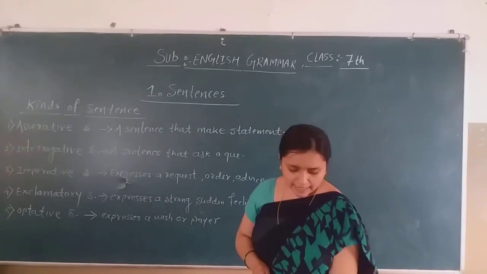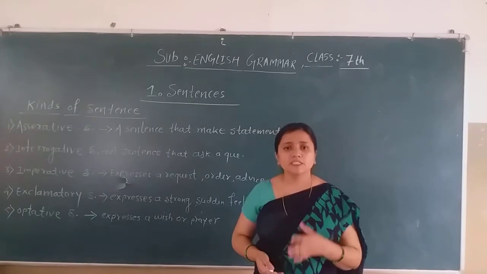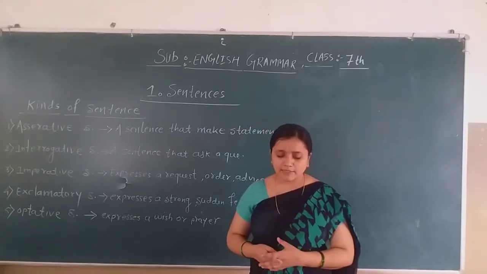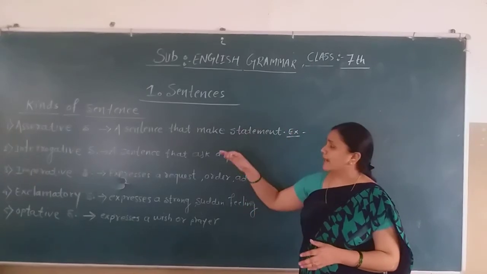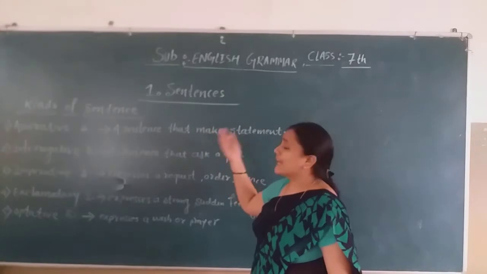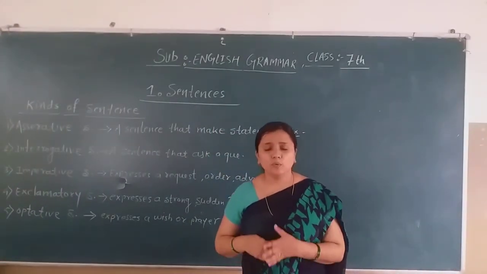and one more thing that you must know: an assertive sentence states facts, and it describes things or reports events. These facts or statements or descriptions we can write in an affirmative way or in a negative way.